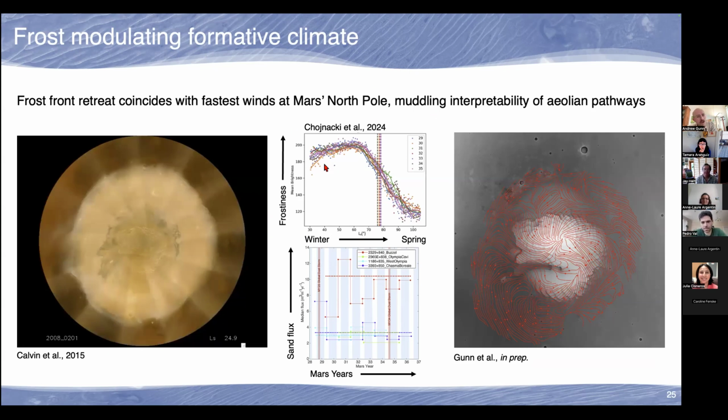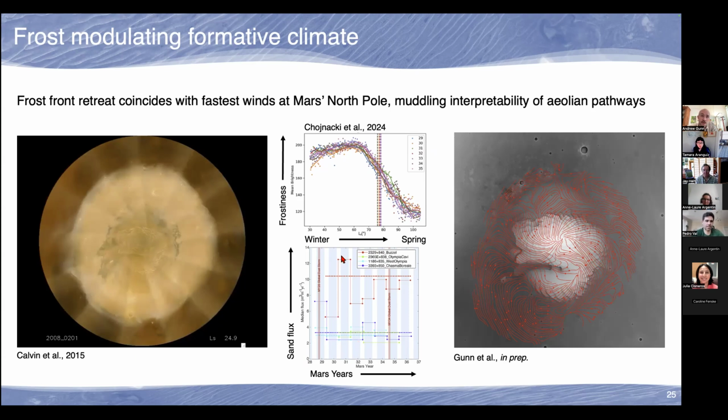So the frost front retreat might be quite consistent, but only in the years we've measured. These are the 7 Martian years that it's been measured for. And here is a graph of the sand flux measured directly from the dunes at different locations as it varies throughout the year at the North Pole.